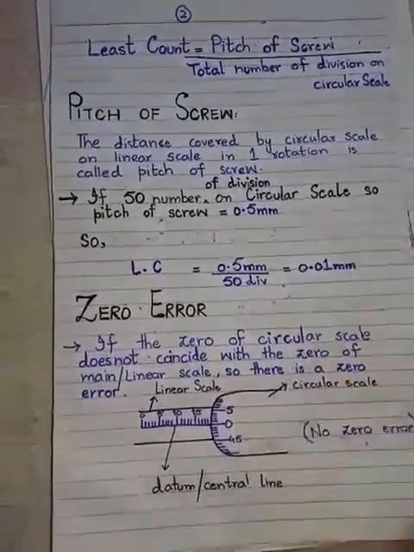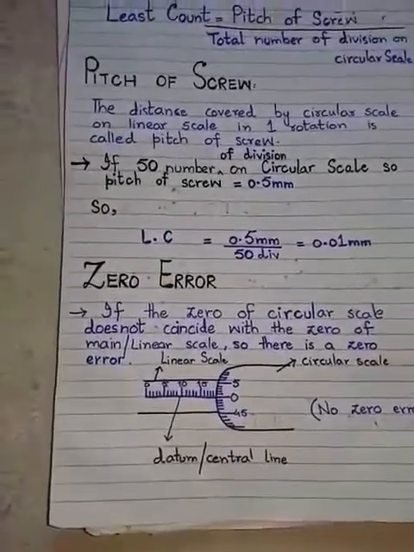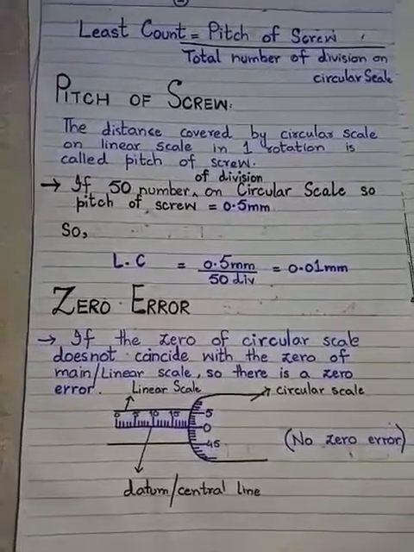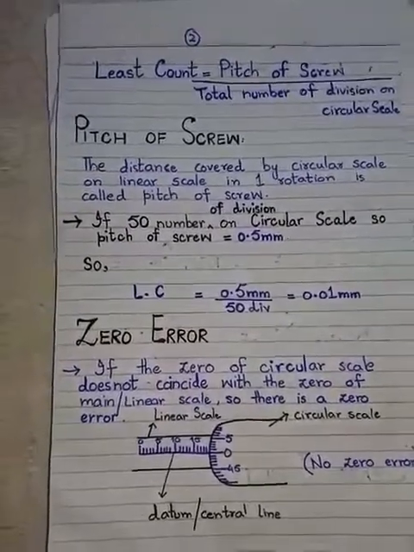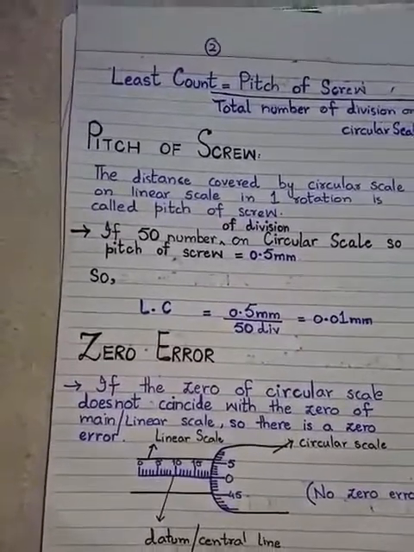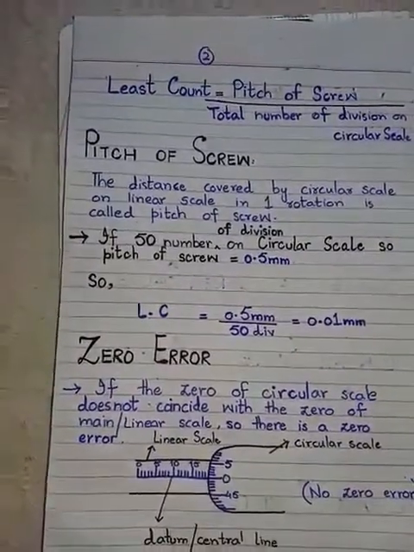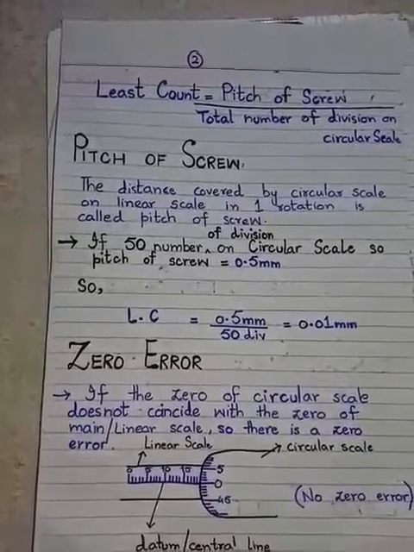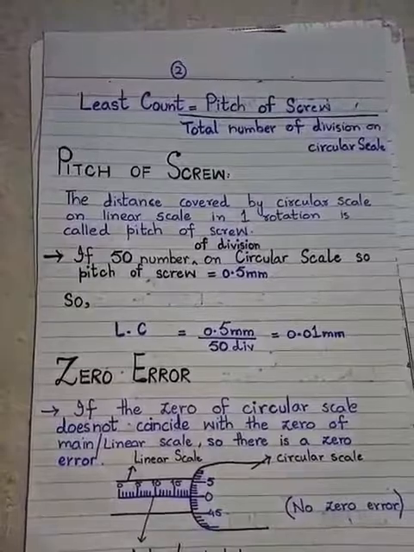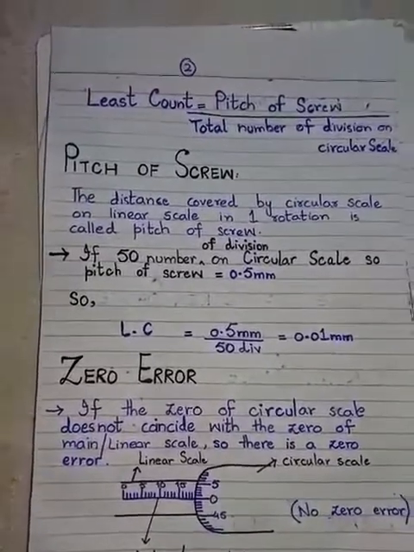The next term, girls, is zero error. As I told you in the previous lecture, some measuring devices have a zero error. So for accurate measurement, first we calculate the zero error, then we find our actual reading.